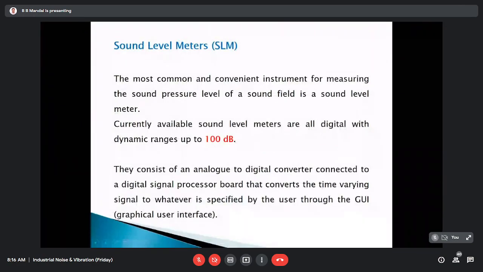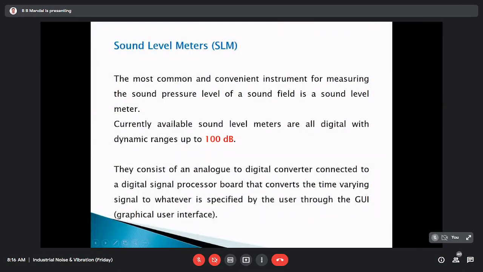Previously, and I will share some photographs with you, there is a dial and a continuously fluctuating needle, and from there you get the RMS values. Nowadays the analytical part has become very strong, so overall you can record the total data and then process it.